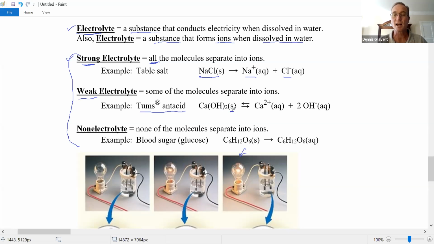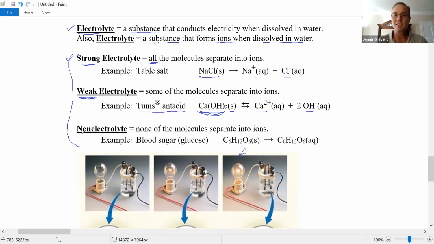Most of it remains as a solid, even though it soaks in water. But a little bit dissolves so that you get some calcium cations and some hydroxide anions. But not every bit of that antacid will dissolve. Most of it remains a solid, even though it's submerged in water. It's a weak electrolyte. Not all the molecules separate into ions.